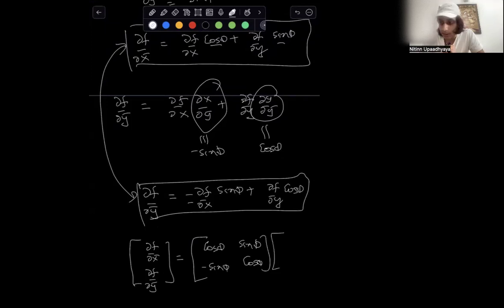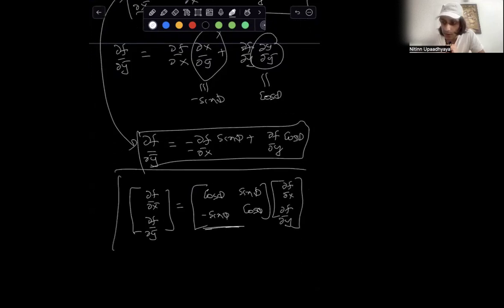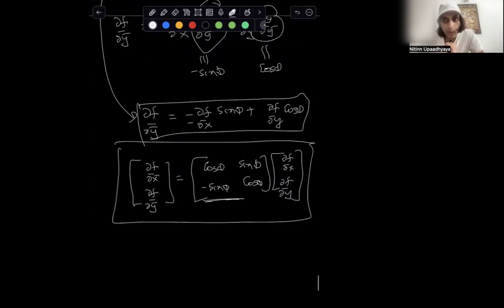And this matrix is exactly the rotation matrix that we worked out earlier. This matrix multiplies dou f, dou x and dou f, dou y. And hence what we observe from this is that the gradient vector transforms in exactly the same way as we have seen the position vector transform. And therefore, our initial claim that the gradient is indeed a vector holds true.